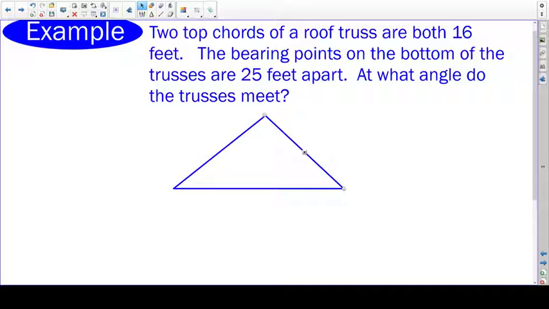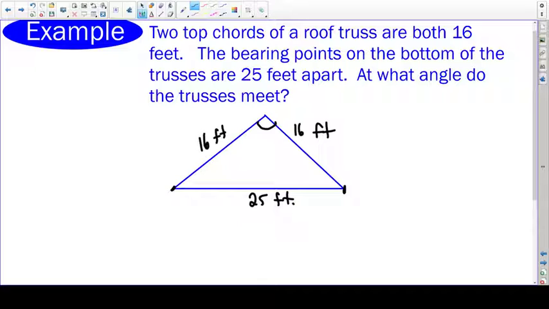There we go. Okay? Not to scale, but here's what we know. We know that these are both 16 feet. And the bottoms, which are the bearing points, are 25 feet apart. Now it asks at what angle do the trusses meet? Of course, they only meet up here. So we're looking for that angle right there.